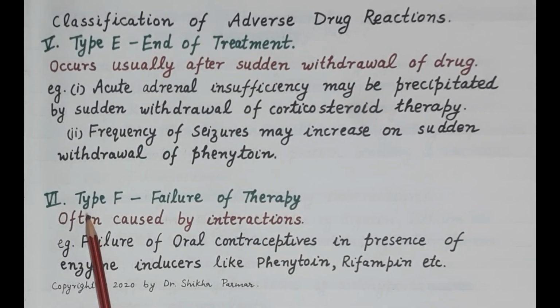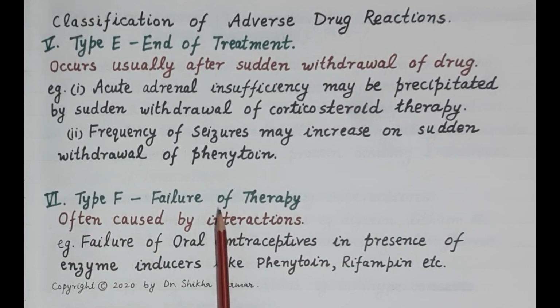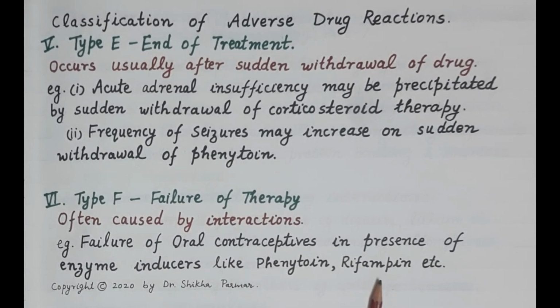Now, let's talk about the last category of adverse drug reactions, that is type F adverse drug reactions. Failure of therapy is often caused by drug interactions. For example, phenytoin and rifampin induce, or increase the synthesis of, cytochrome P450 enzyme.